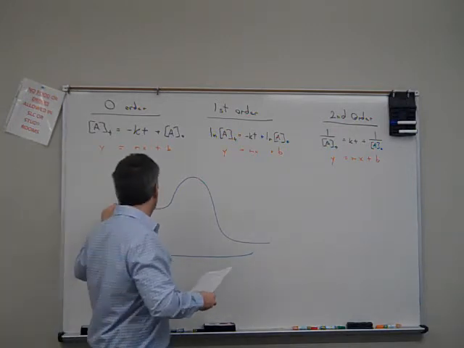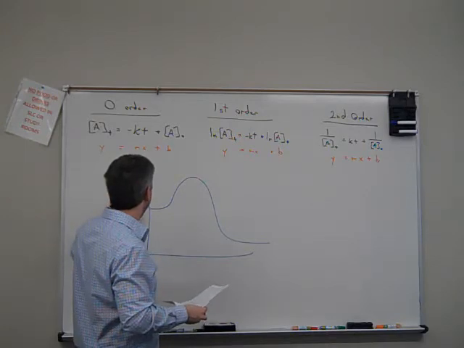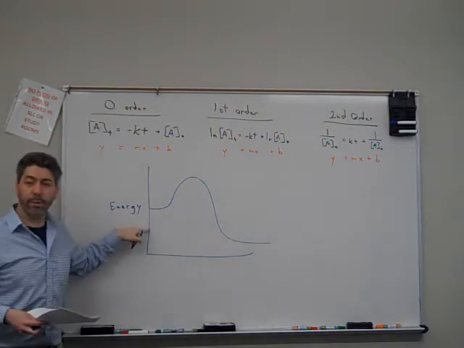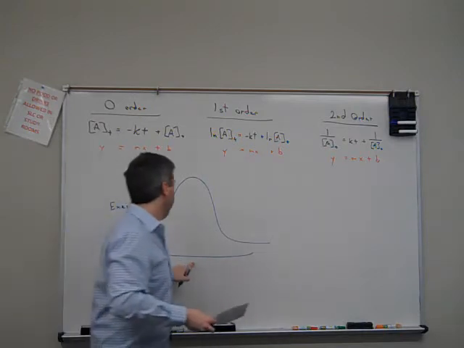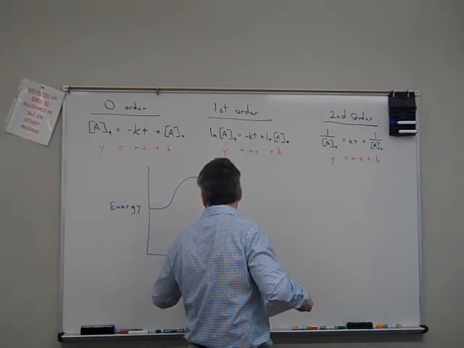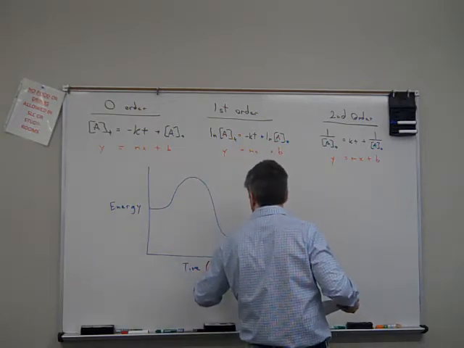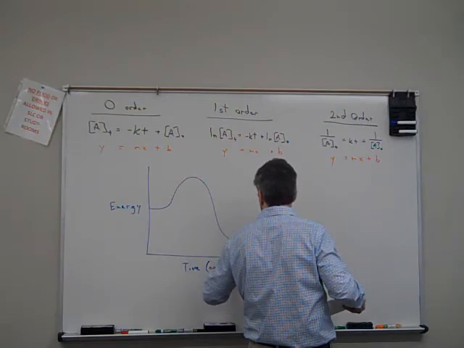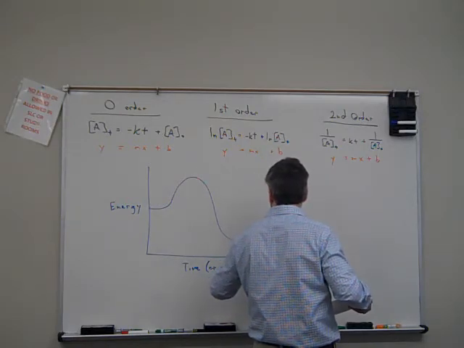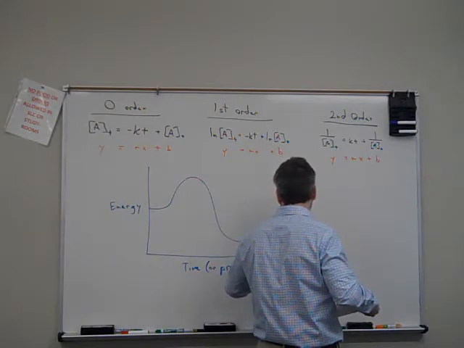So on the bottom, or this is usually the potential energy, the chemical energy of the particles involved in the reaction. And this is either time, or sometimes referred to as reaction coordinate, or progress of reaction. Some will call it time or progress of reaction, as the reaction goes to completion.